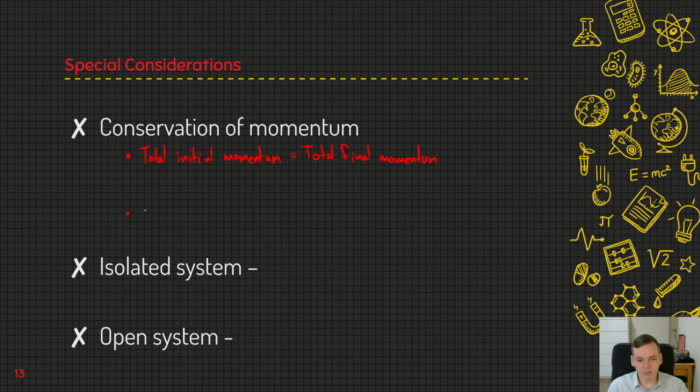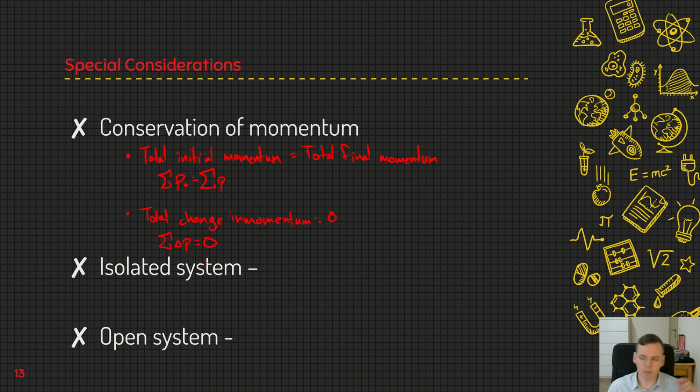The second way to think about it is that the total change in momentum is equal to 0. So in other words, you can have total P initial equals total P final, or you can have total delta P is equal to 0. They're just two ways of looking at it. It's just how you group them together.